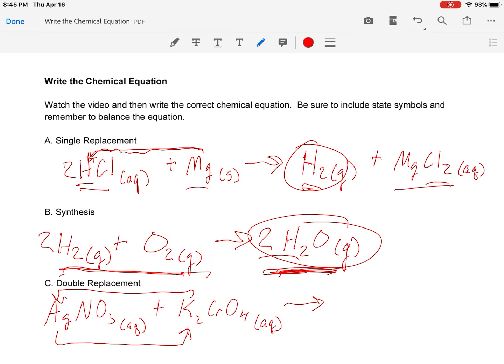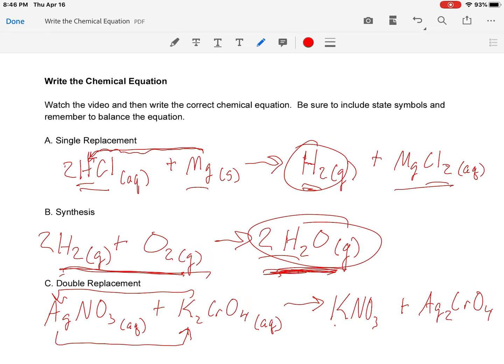And so now that means that the potassium is now going to be with the nitrate, and the silver is going to be with the chromate. Now we've got to clean this up a bit, because silver is a +1 and chromate is a -2, so that means we need Ag2CrO4. Potassium is +1 and nitrate's a -1, so that one's okay.